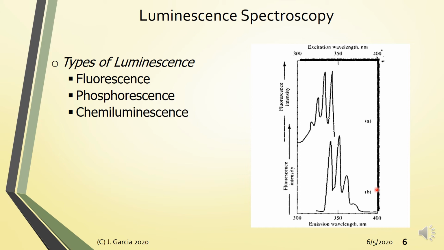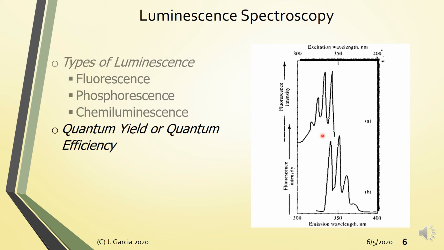Some of the energy previously absorbed during the excitation event was released via non-radiative means, like internal conversion, vibrational relaxation, etc. So that's one reason why the emission spectra occurs at longer wavelengths, meaning lower energy. But as you can see, they are mirror images of each other, because the profile reflects the type of molecular orbitals present in your molecule. So this is like the fingerprint of your given molecule. Alright?